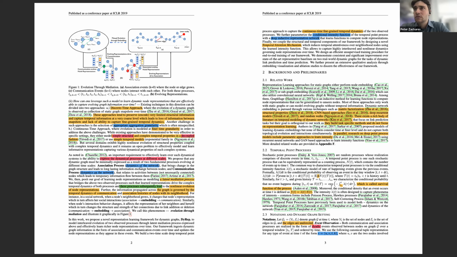Sorry, could you say that? Or is that because lambda itself could be a function of that event happening? Yeah, lambda is a function of all the previous events that have happened.